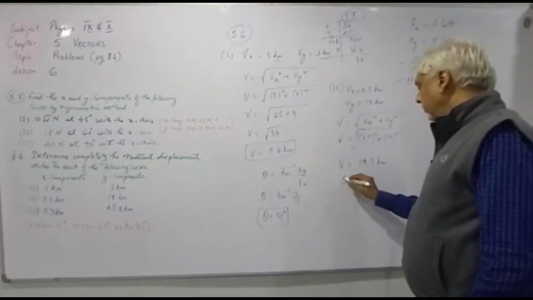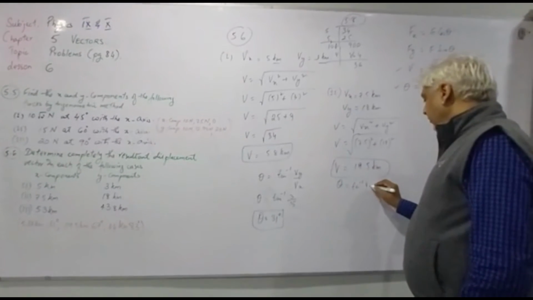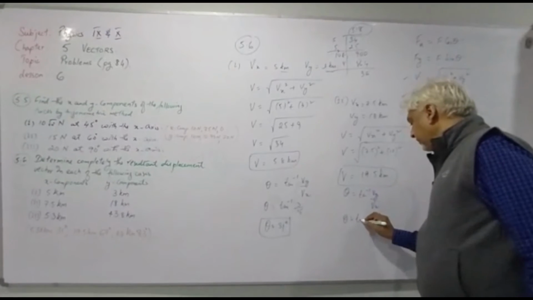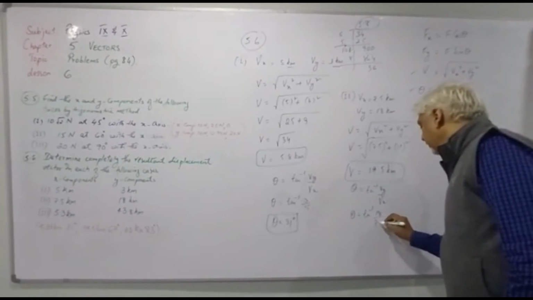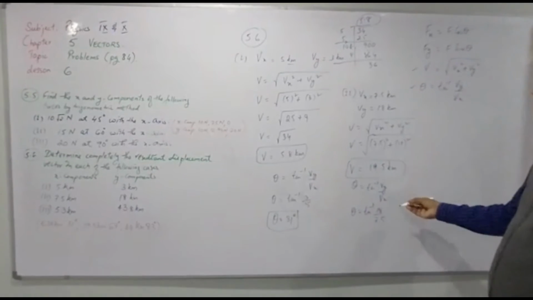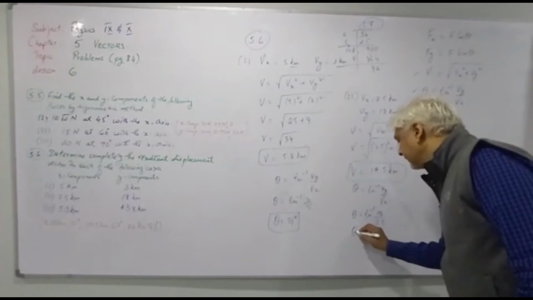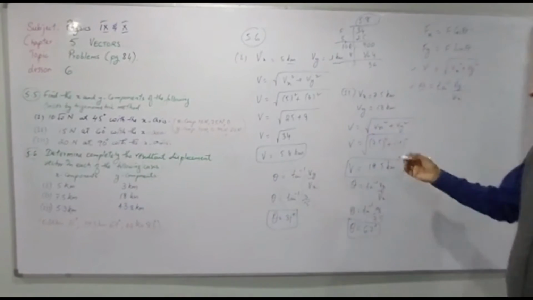And you know how to calculate the angle: theta is equal to tan inverse of Vy upon Vx, so tan inverse of 18 upon 7.5. When you divide 18 by 7.5 and take the inverse tan of it, you'll get your angle as 67 degrees. Work it out and see for yourself.